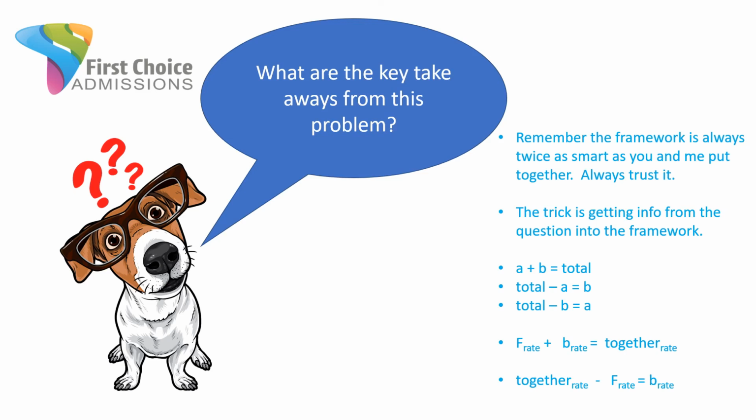We knew that Francesca's rate plus Bruno's rate must equal the together rate. So the together rate minus Francesca's rate must equal Bruno's rate. Okay, great job. Remember, the framework is always twice as smart as you and me put together, and crucially, if A plus B equals total, then total minus A must equal B.